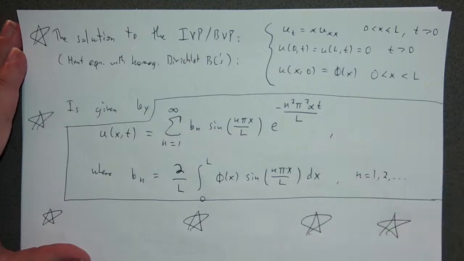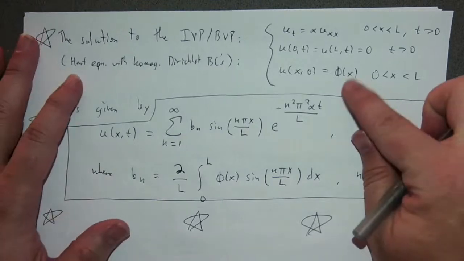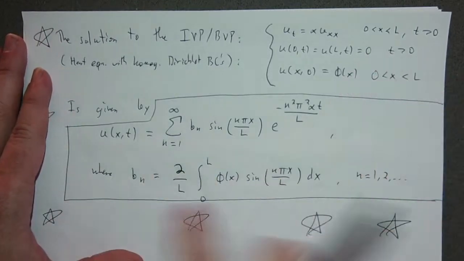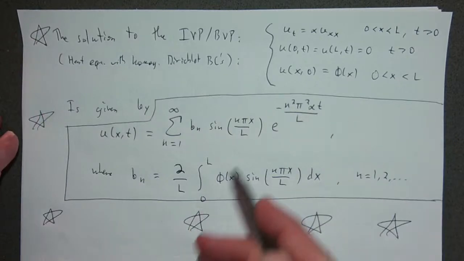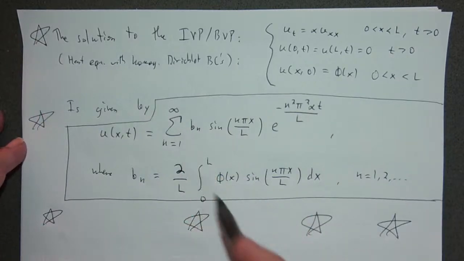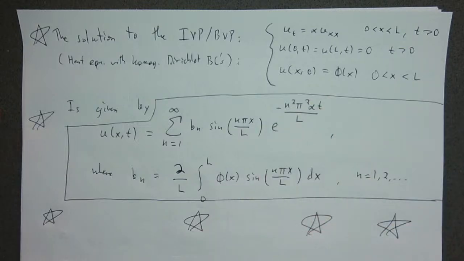But let's say that phi of x is now a specific function, like x squared, x cubed, whatever, e to the minus x. Whatever this thing is, how does that change? Can you just say, oh yeah, the solution is this, and the coefficients are 2 over L times the integral from 0 to L of e to the minus x sine of blah, blah, blah, and that's it?